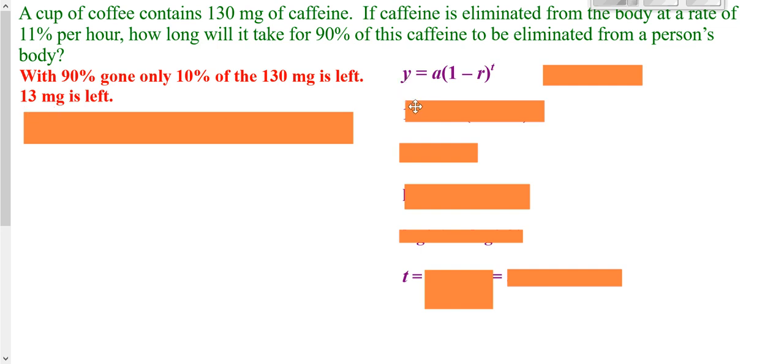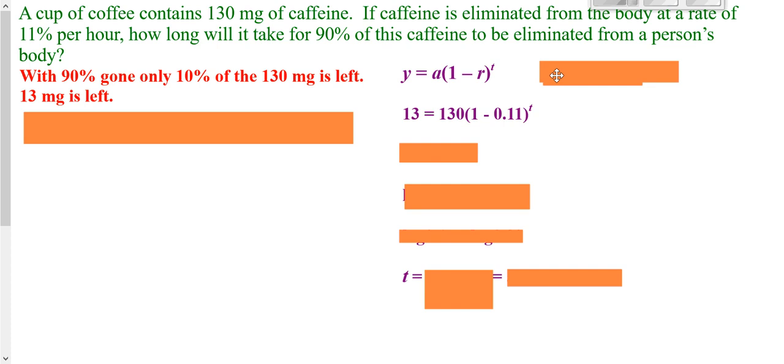Y is the amount that you're left with, which in this case is 13. A is what you started out with, which is 130. Then R is your percentage as a decimal, so you move your decimal point over 2 spots and get 0.11. And then we're wondering how long, so that means we're looking for our time.